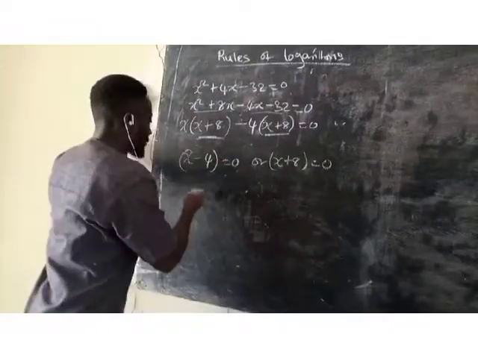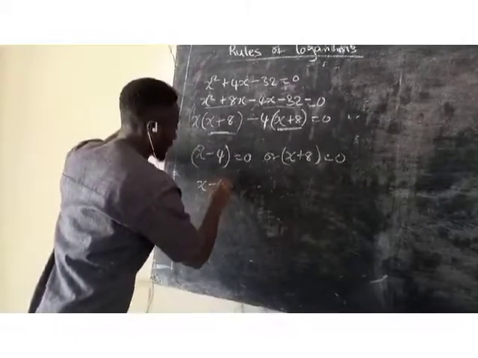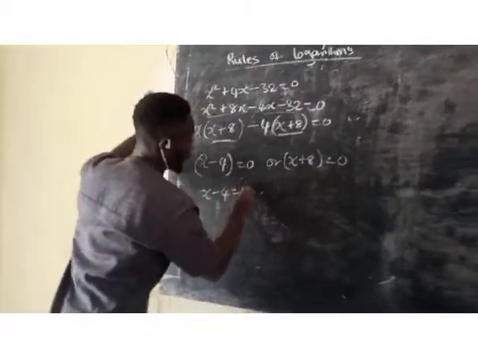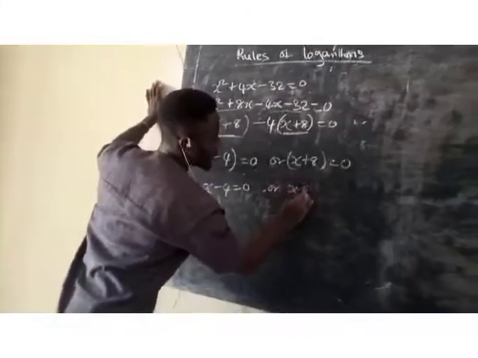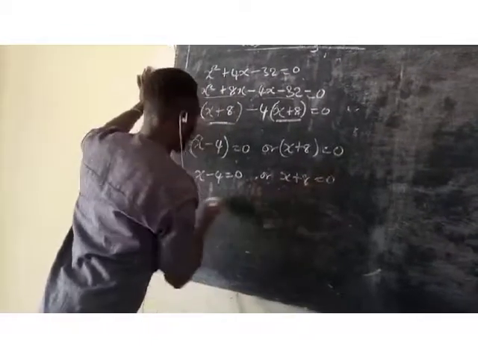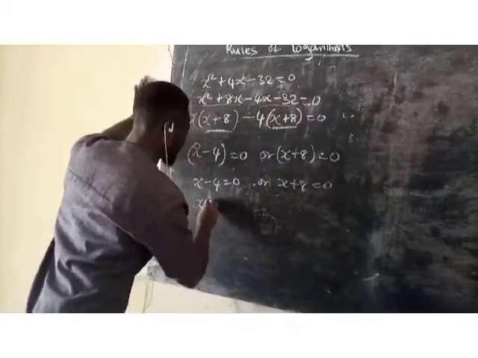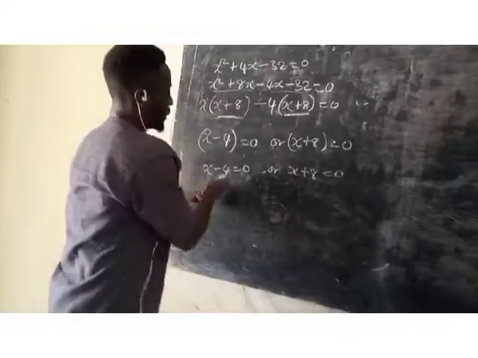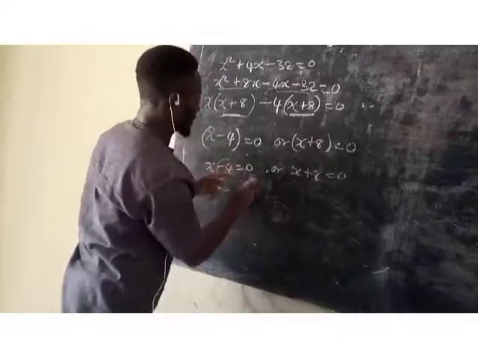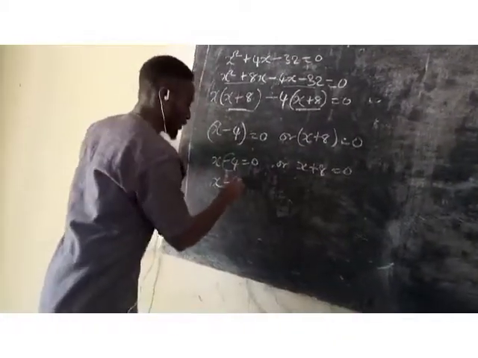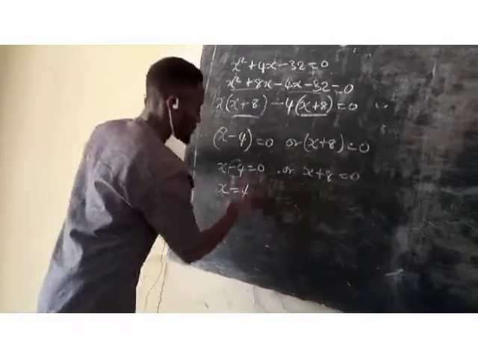From here, x minus 4 is equal to 0, or x plus 8 is equal to 0, which is the same thing as x is equal to, when you take this negative 4 to the other side, it changes to positive 4.